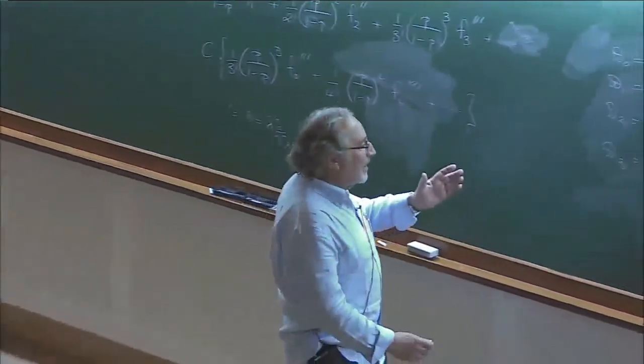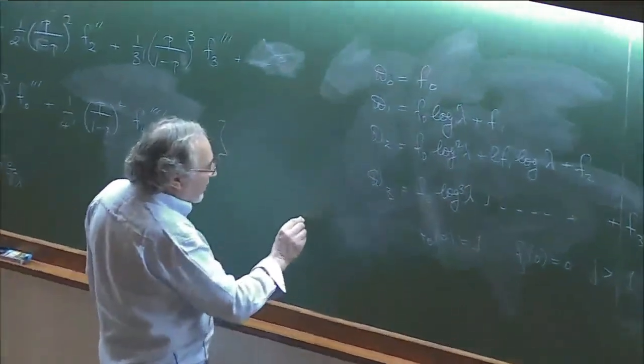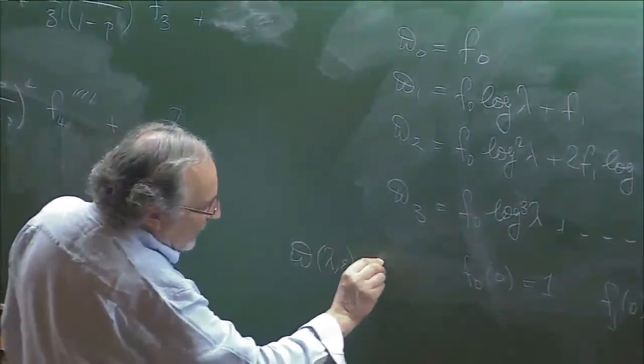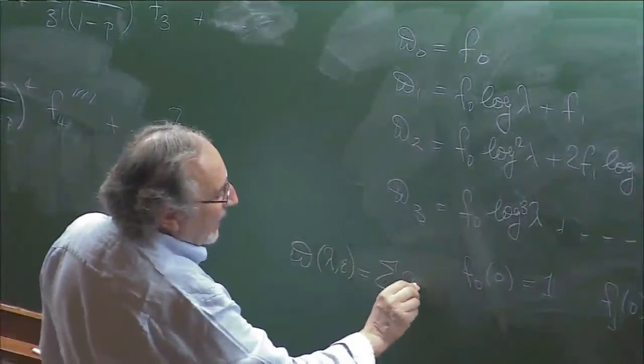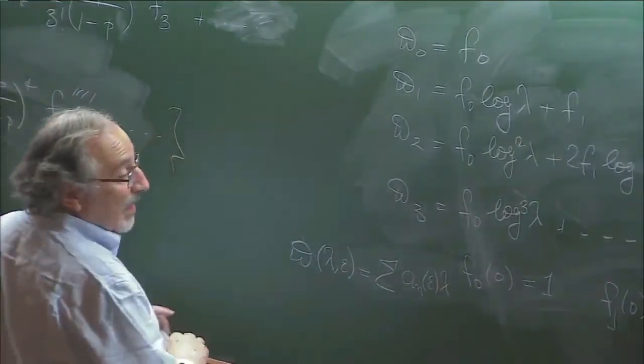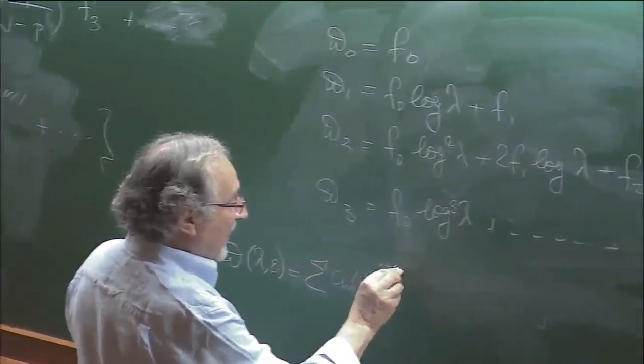Now, what does that mean? All these came from writing down as a solution sigma a_n of epsilon lambda to the n plus epsilon.